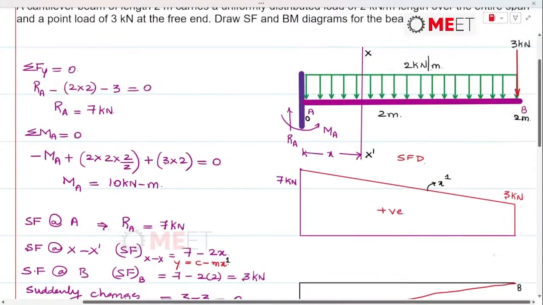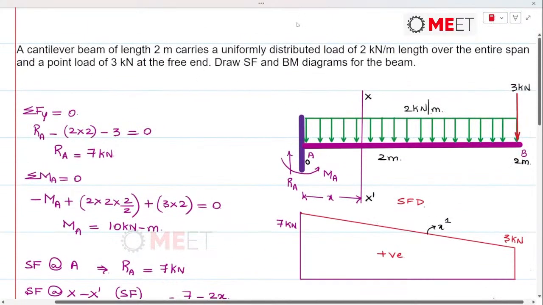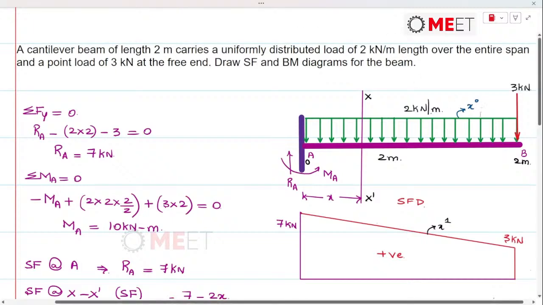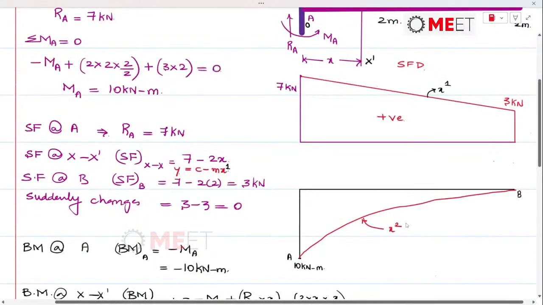So please remember that whenever you find a UDL, it is a horizontal line. The horizontal line is represented with x power 0 behavior, and the SFD is represented with x power 1. So you can see here x power 0, x power 1 and x power 2.